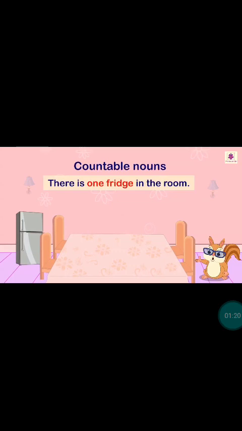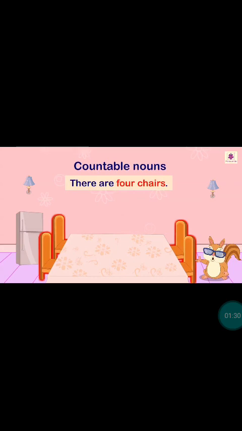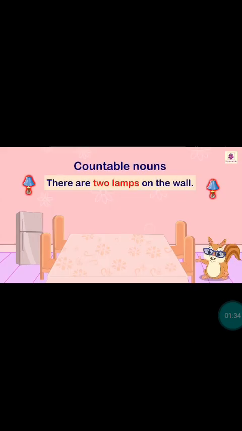For example, there is 1 fridge in the room. There are 4 chairs in the room. There are 2 lamps on the wall. So, by this, we can say that for countable nouns, we add a number before them.